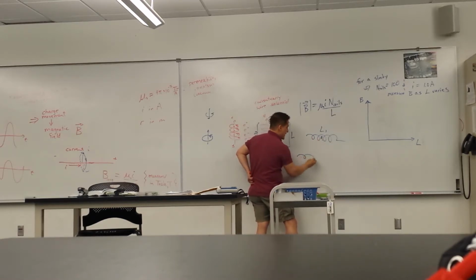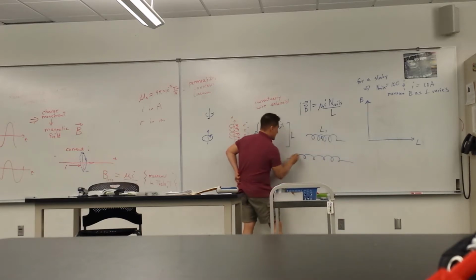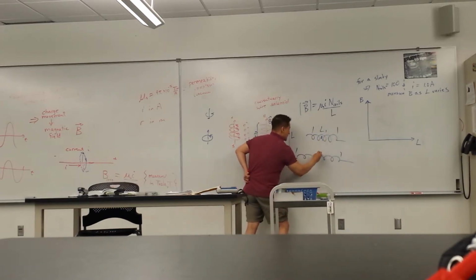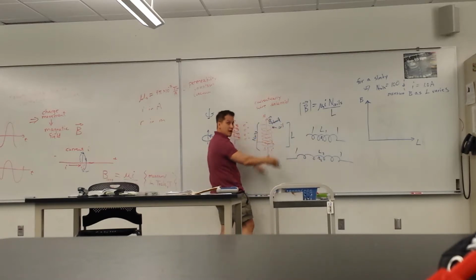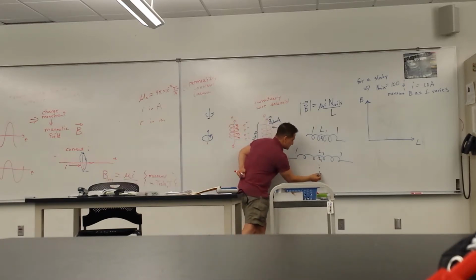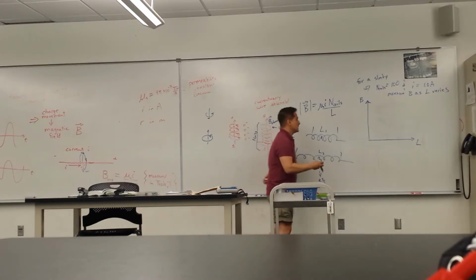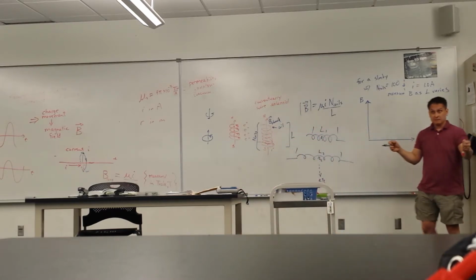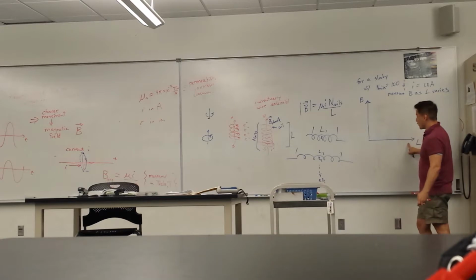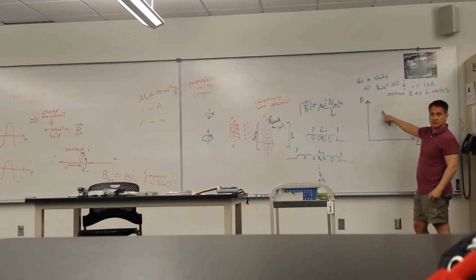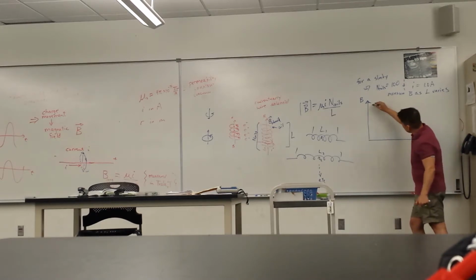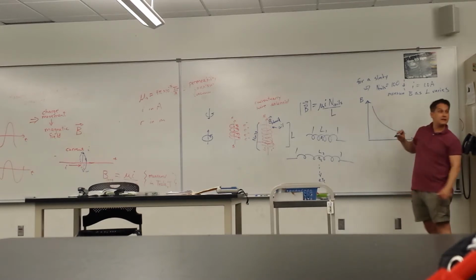And then I stretch it out, so it's now a new length, and I measure the magnetic field in it. And then I do the same thing for a bunch of different coil lengths. As the coil length increases, B decreases. So this thing ought to look something like this.